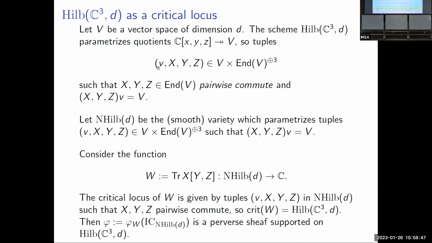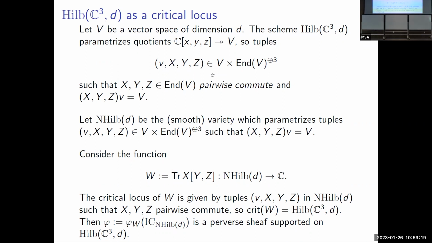Well, we let lowercase v be an element of the vector space, which is the image of 1, the identity of the polynomial ring. Then the generators x, y, z induce endomorphisms of V. So then we have a tuple (v, x, y, z) in V times the endomorphisms of V to the power 3. So let's see, what properties do these endomorphisms satisfy? Well, they come from the generators of a polynomial ring, so they will pairwise commute.